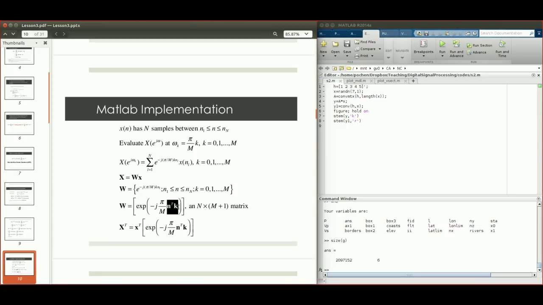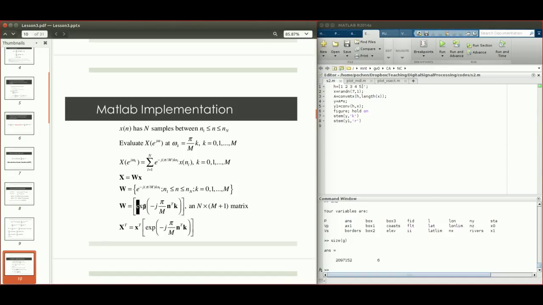So if you actually do this linear algebra multiplication in Matlab, you're going to end up with a matrix that has n rows and N plus 1 columns. And then all these are just the constants to multiply with it.